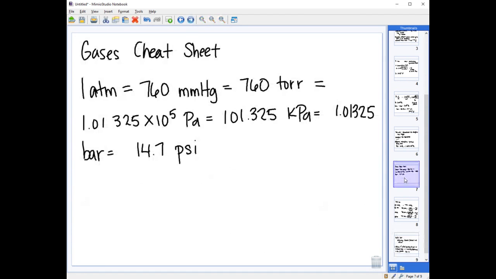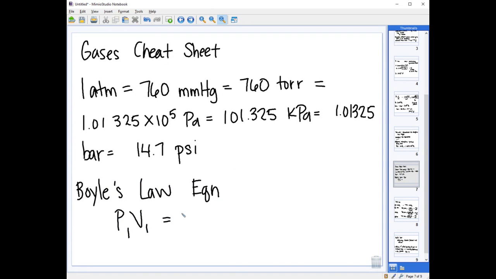And I'm going to go back up here to my cheat sheet, and I'm going to add my first equation here. So we're going to add the Boyle's law equation, okay, where P1 V1 is equal to P2 V2, because P1 V1 is equal to the constant K, and P2 V2 is equal to the constant K, so we can set them equal to one another.